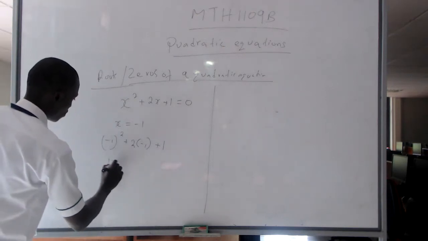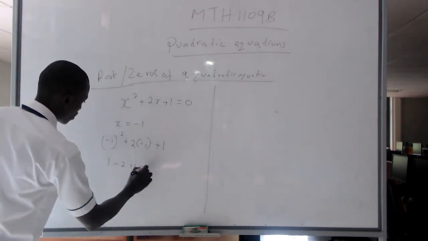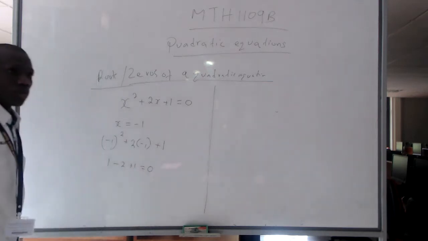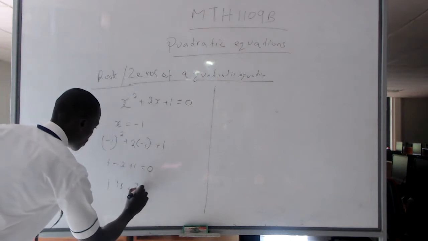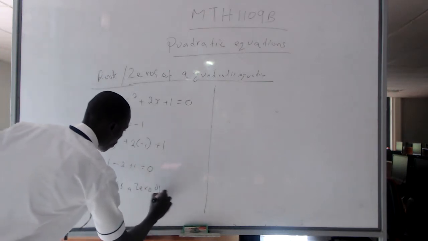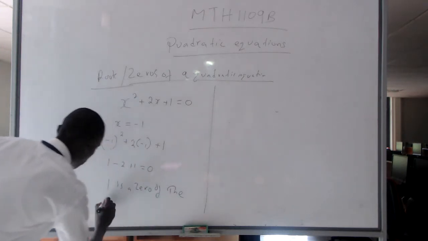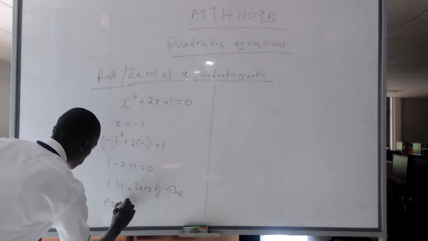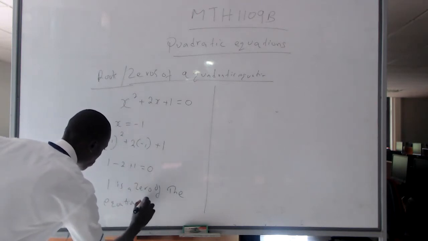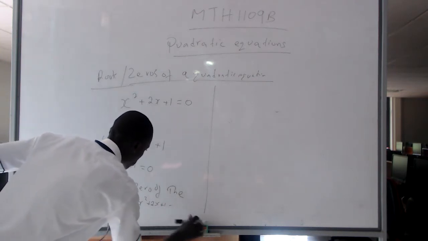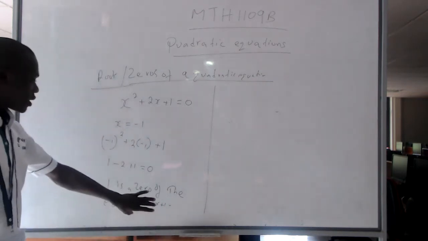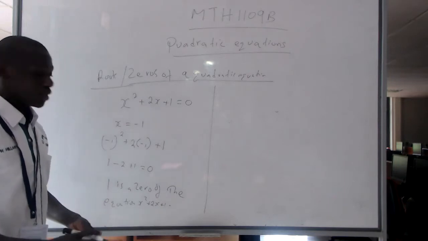This gives you 1 minus 2 plus 1, which is effectively 0. So we will say that -1 is a 0 of the equation x squared plus 2x plus 1. -1 is a 0 because if you plug it into this equation, you obtain a 0.